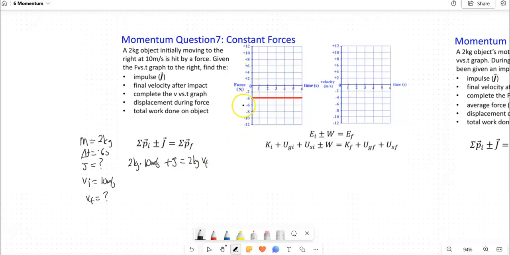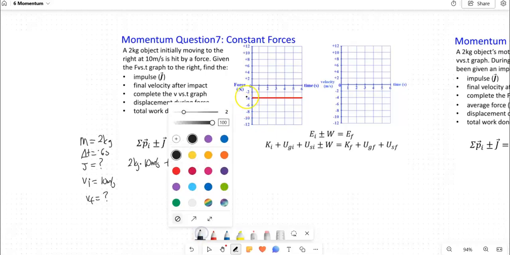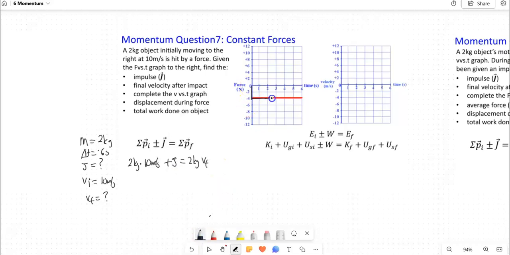Well, the impulse is force times delta t. So if you notice, the slope of this line is 0, which is force versus time. But if you take force times time, that will be the area underneath this line. Okay, and so I'm seeing a rectangle here.